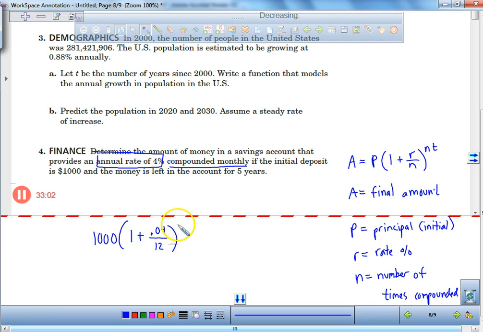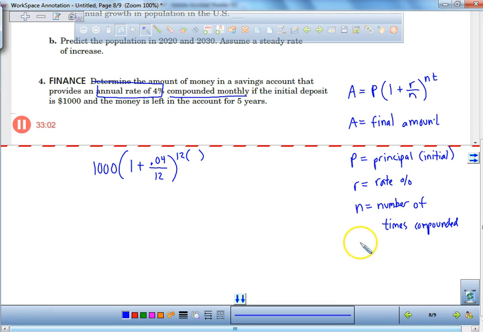We close it and we raise it to 12, which is still the n value. And what is t? Oh, I forgot to put t. T equals years. So t equals what? 5. There we go. That's how you set it up. Well, 12 times 5 is 60.